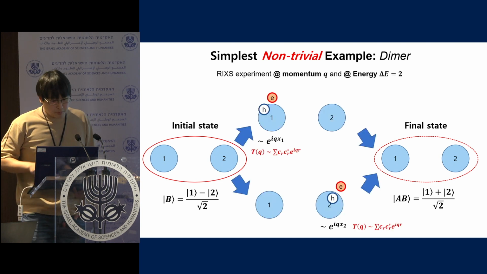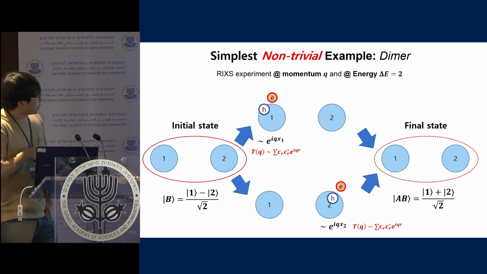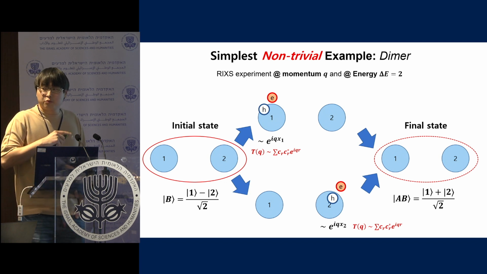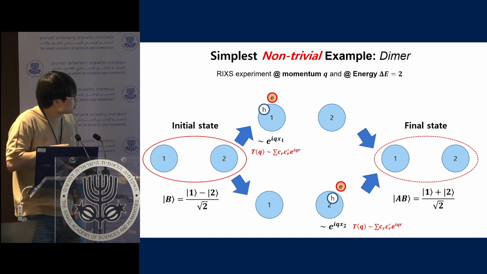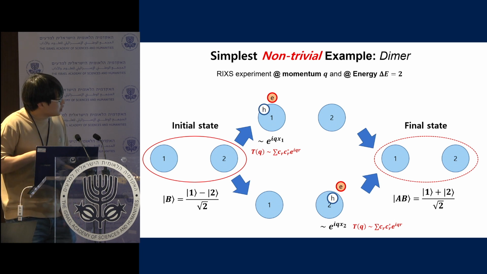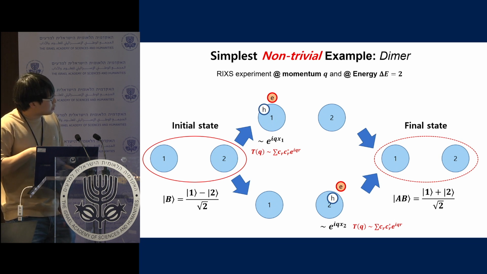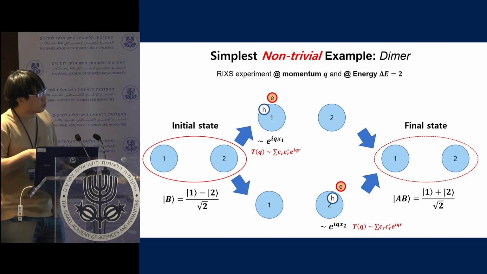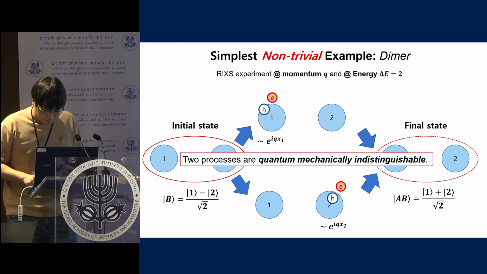When the scattering happens, the photon can touch the first atom or the second atom. When it touches the first atom, it generates the factor e^{iqx1}, where x1 is the position of the first atom, and e^{iqx2} when it touches the second atom, and then it relaxes back to the anti-bonding state eventually.